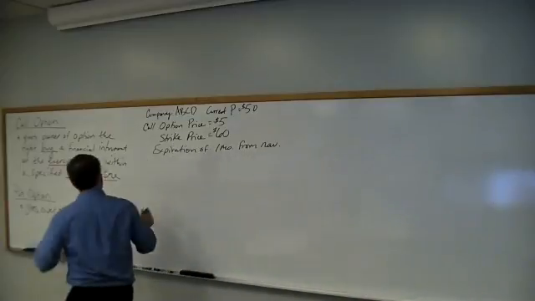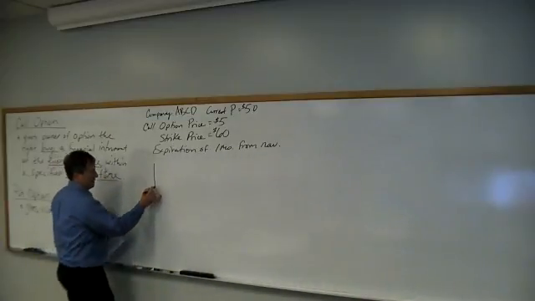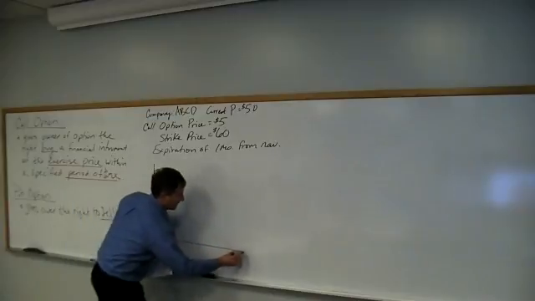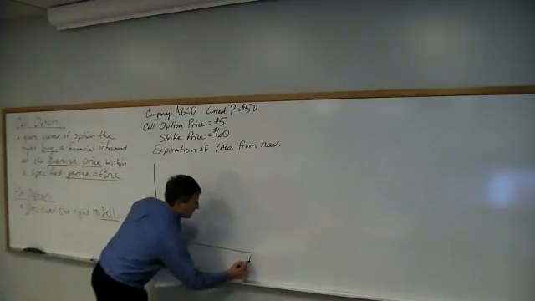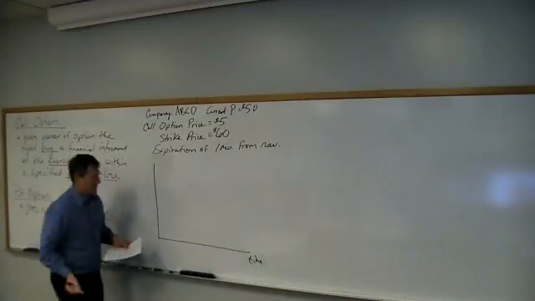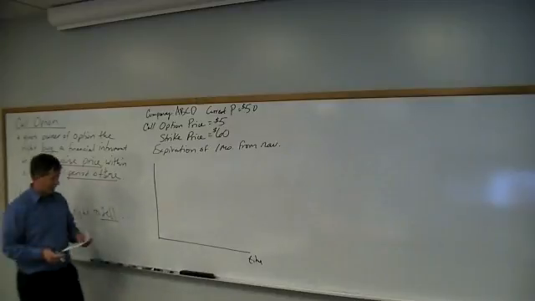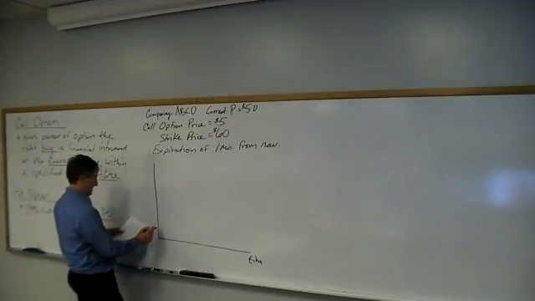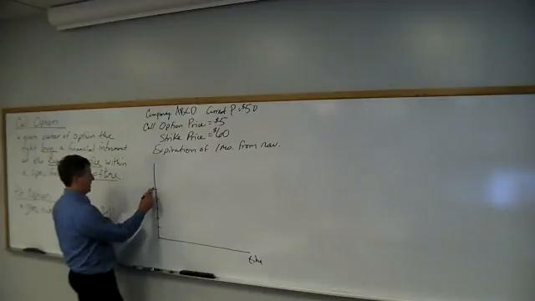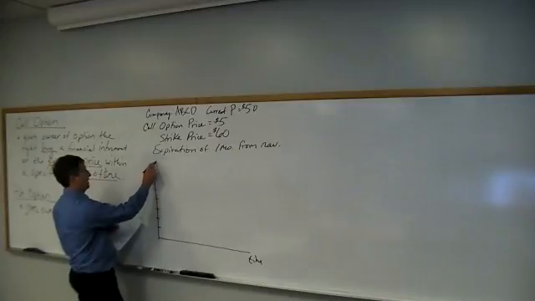All right, so what does this look like? We'll measure time on the vertical axis. We have the stock price: 10, 20, 30, 40, 50, 60, 70, 80.